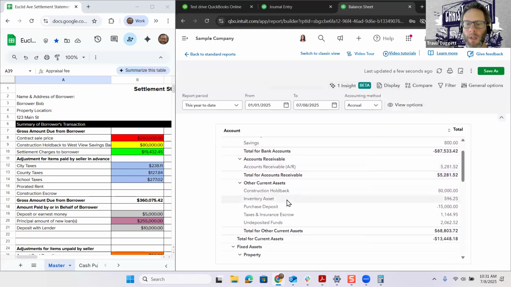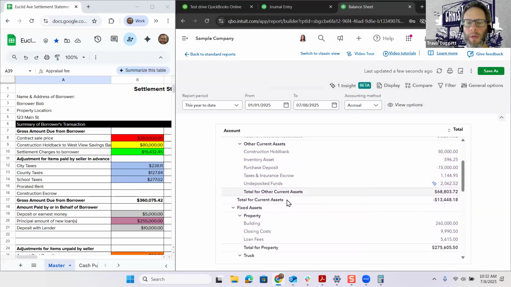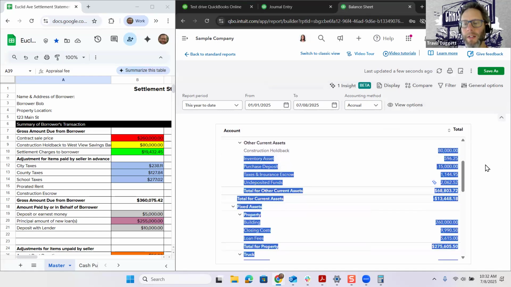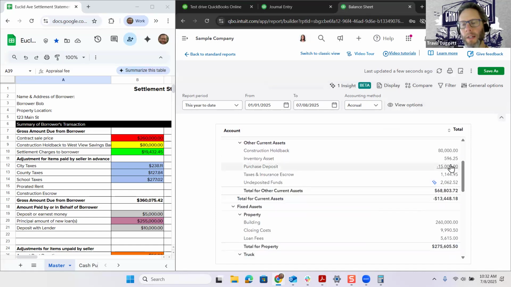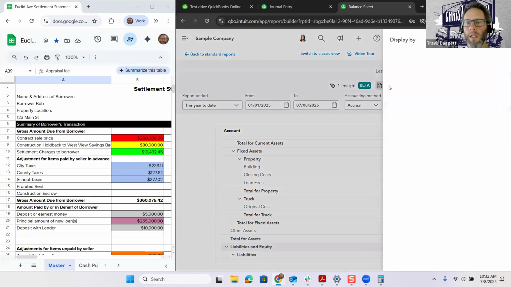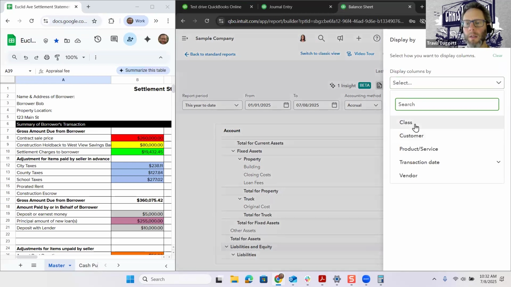Okay. Construction holdback, exactly as we'd expect. Purchase deposit is negative 15 because I didn't enter the previous transaction of 15, but that would just be zeroed and cleared out. Escrow deposits 1144.95, just as we'd expect. Let's go down to our property, our building, closing costs, and loan fees. Let's go ahead and look at this by class.